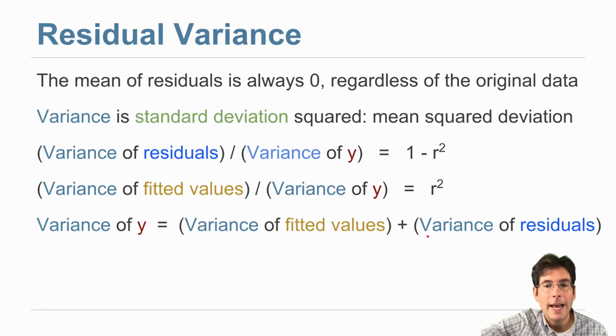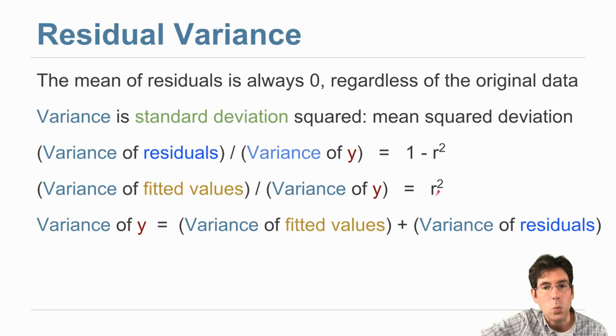And then you have to add in the variance of whatever patterns you didn't capture by the line. This can be random noise, like it was in the case of parent and child heights, or this could be some nonlinear association, like it was in the case of the dugong. Whatever it is, this variance of residuals is what's left over once you've already accounted for the variance that can be described by a line.